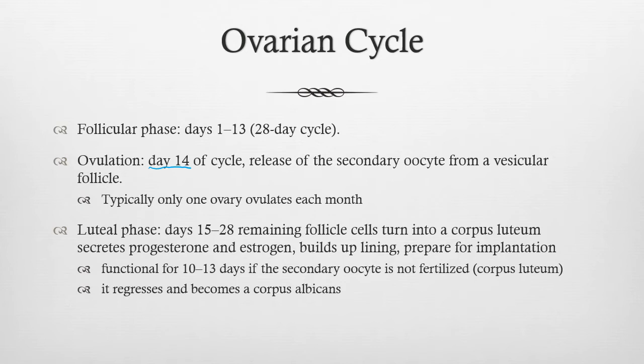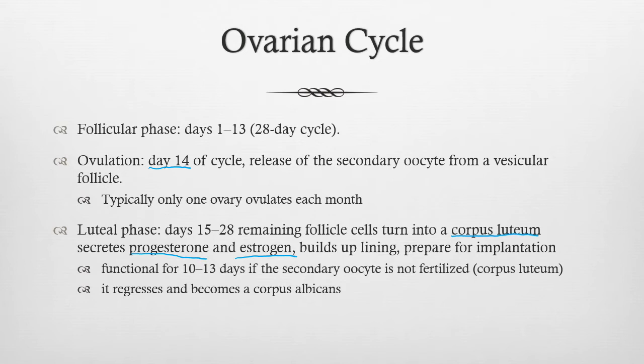During days 15 to 28, the follicle that had ovulated, our vesicular follicle, left behind a large number of cells. Those cells convert into our corpus luteum, and that corpus luteum is then going to secrete progesterone and estrogen throughout the next several days.